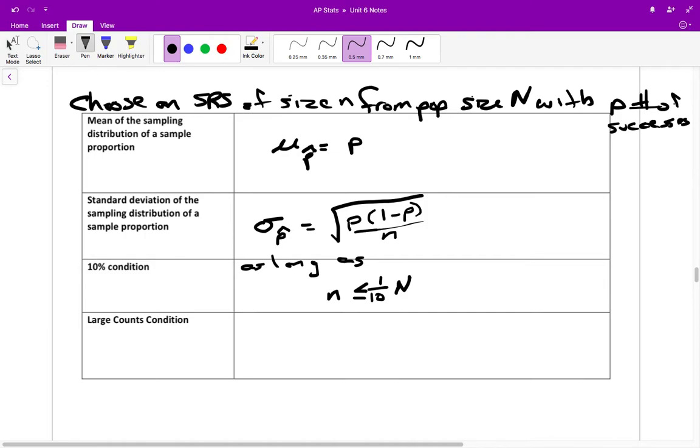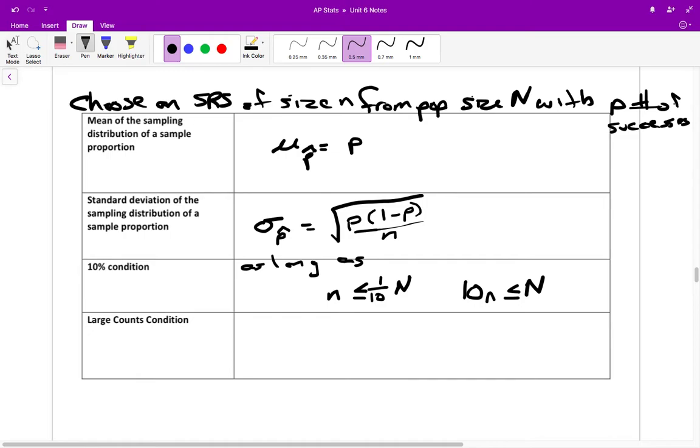An alternative inequality: if you multiply each side by 10, on the left side you would have 10n, and on the right side 1/10 times 10 gets you just N. So sometimes, if we know the size of the sample, we can calculate 10n just to double check that the population would be bigger than whatever that ends up being.